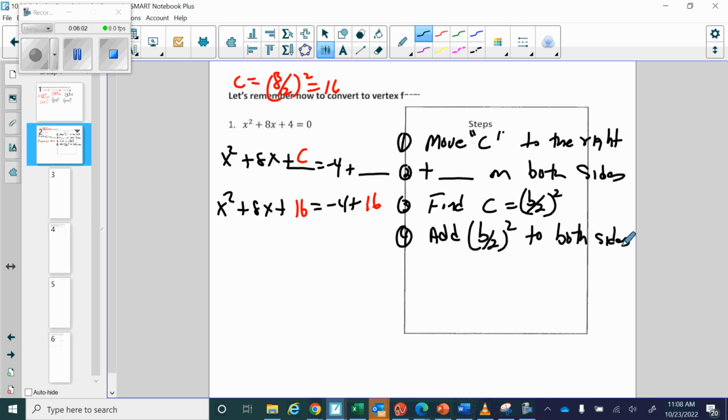And step number 5, now we're going to simplify. Simplify means that all I'm going to do now is write the left side as a factor squared. So the left side now, I can write this as x, and when I divide 8 by 2, I get a positive 4, so plus 4 squared is equal to, on the right, negative 4.